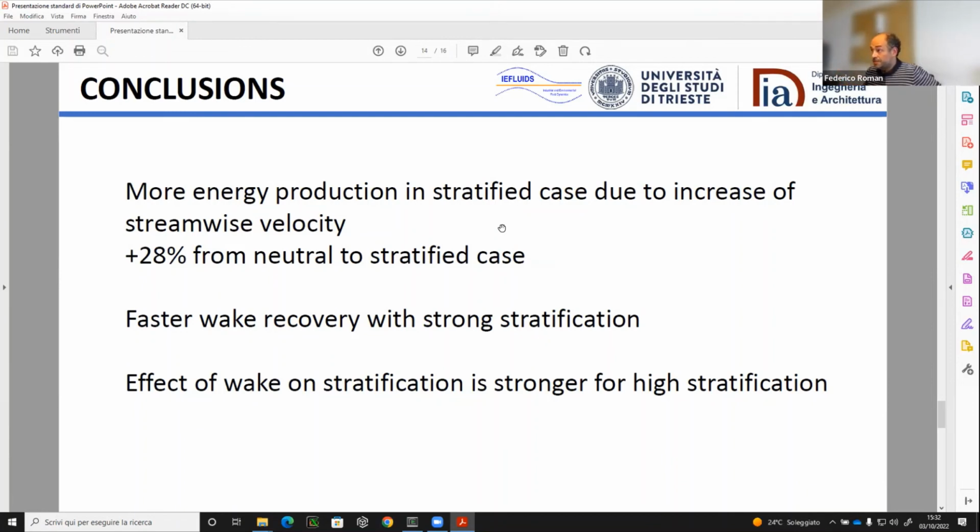So this is one issue. The second issue is that in strong stratification the equilibrium assumption should be taken into account, because the destruction of kinetic energy is not only due to the viscous term, but also to the buoyancy term. At the present time, we did not. Maybe if we take this into account, the effect should be stronger than the one that I showed.